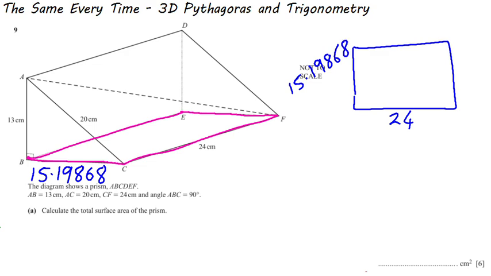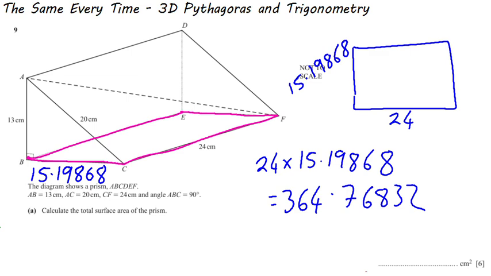The area of the base is 24 times 15.19868, which gives me that. Let's keep that there for the moment, because our final move will be to add together the areas of all of the faces.